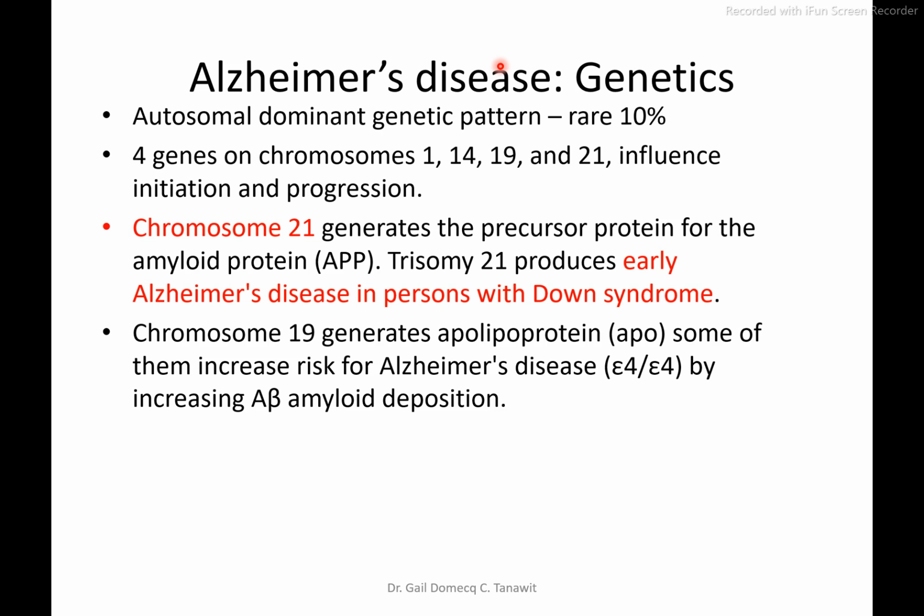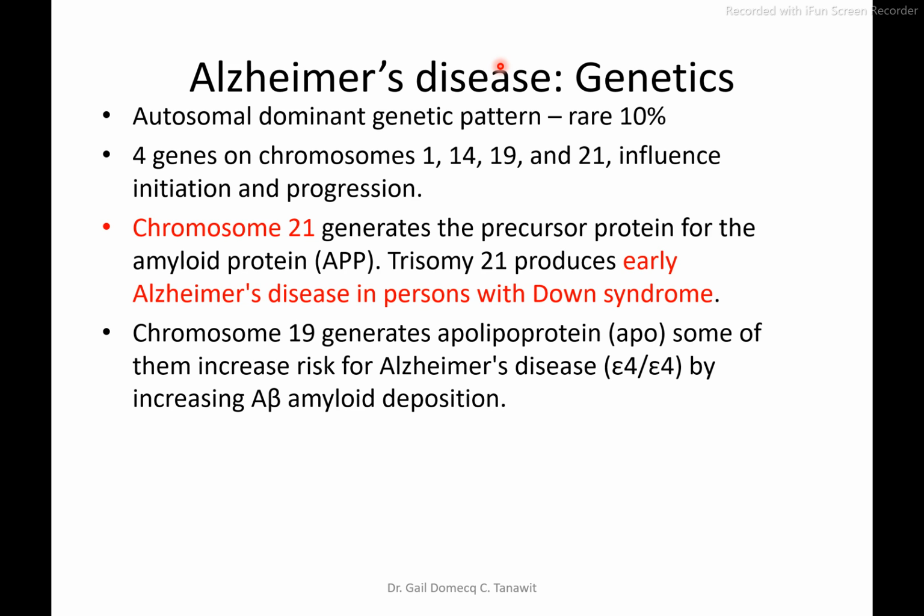The genetics lies on a dominant genetic pattern, quite rare, in about 10% of genetically predisposed individuals. The genes are located on chromosomes 1, 14, 19, and 21 that can influence initiation and progression. Your chromosome 21 generates the precursor protein for the amyloid protein, or APP.